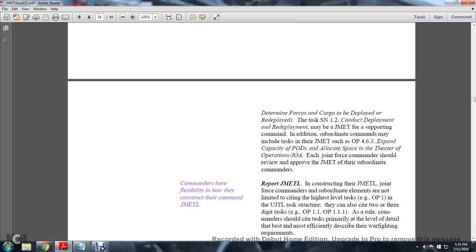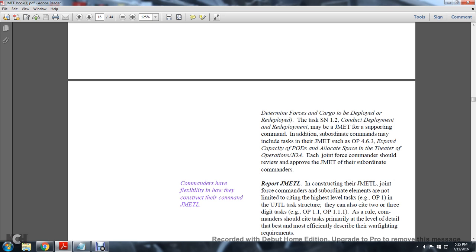In addition, supporting commands may include other Joint Mission Essential Tasks, such as operational planning, expanding the theater capacity of the PODs, and allocating space in the theater of operation, the Joint Operations Area, JOA.